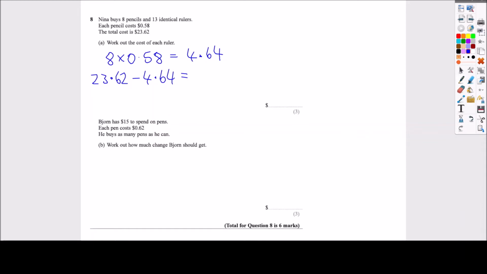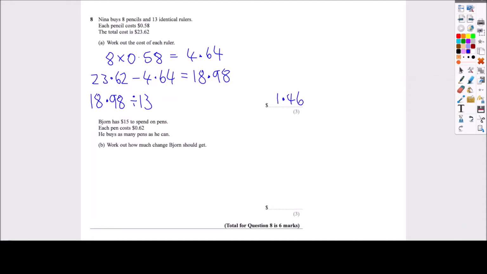The amount spent on rulers is 18.98. Now she's bought 13 identical rulers, so spread your 18.98 across these 13 identical rulers, and we get 1.46 as an answer.